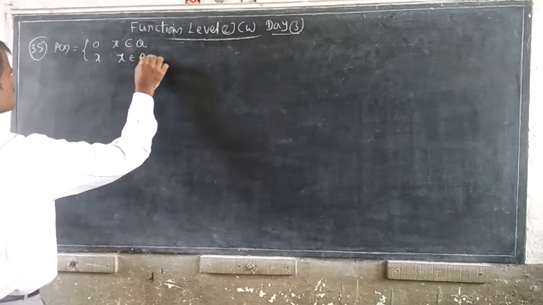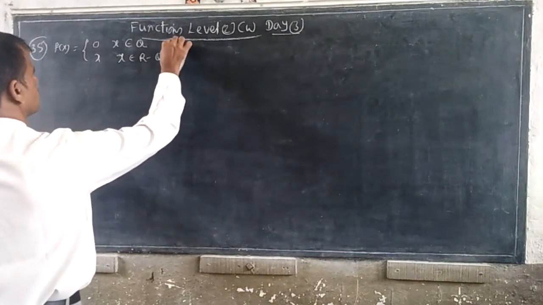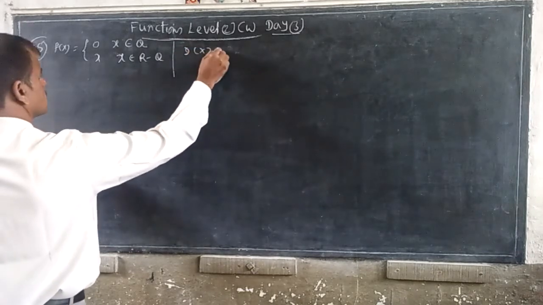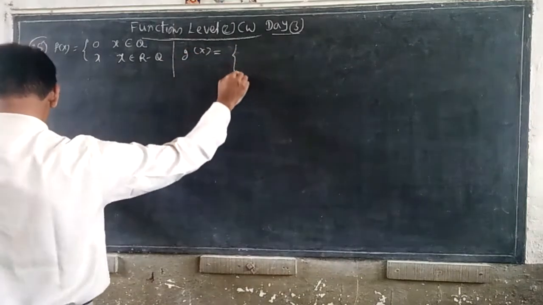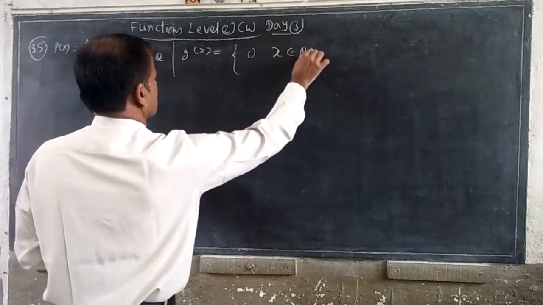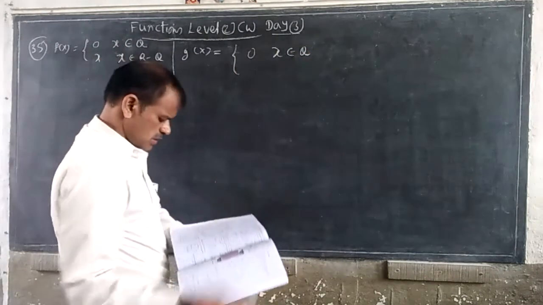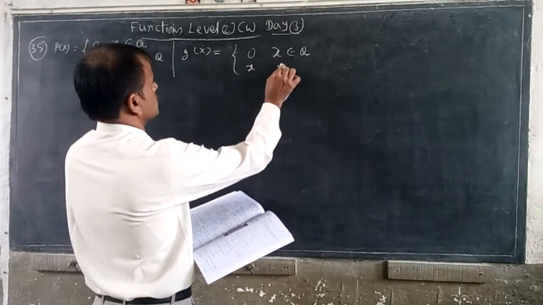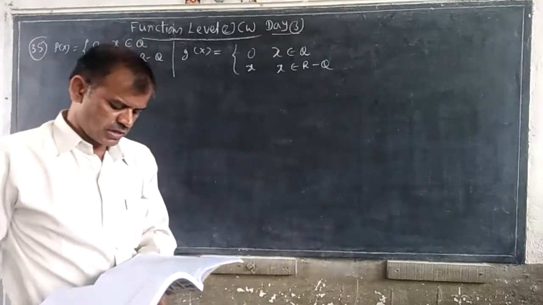Irrational means which is not rational, real number minus Q. Next, g of x is given as 0 if x is rational, rational means Q. Next, x, if x is irrational. G of x is given as x, so x belongs to R minus Q, whenever it is irrational.